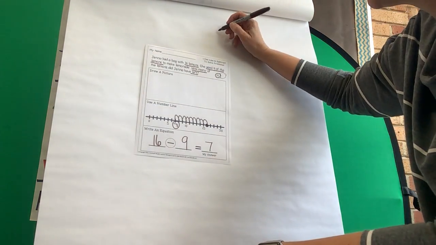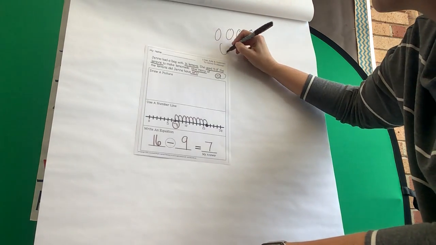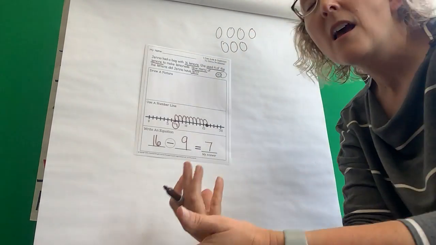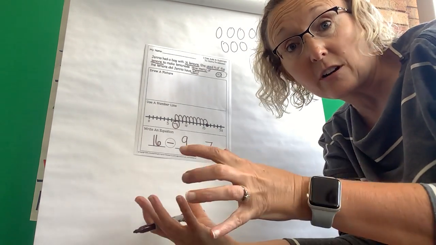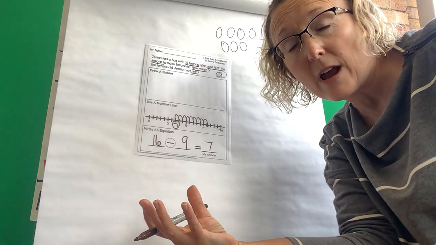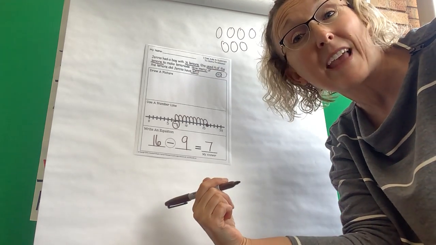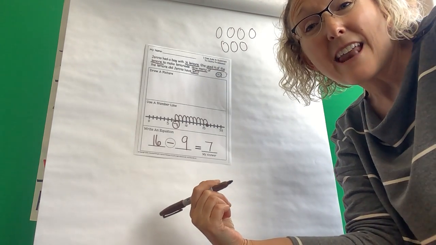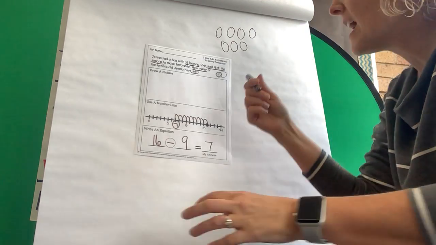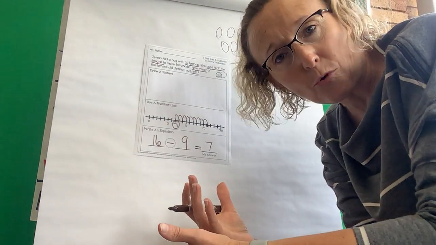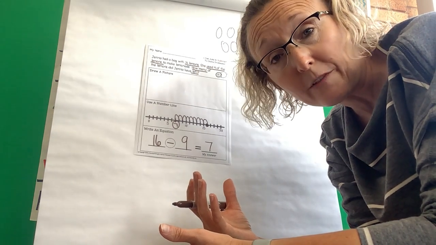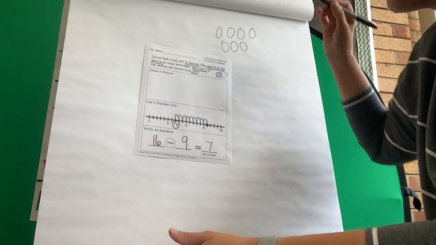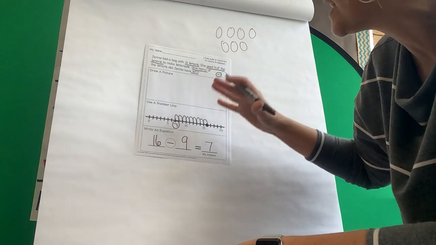If I only drew 7 lemons, I can't tell that they started with 16 and that 9 went away. I can only see what they have left, okay? If I draw 9 and 7, that kind of works, but you have to be able to cross off a whole group to show how many went away. So the best way is to start by drawing all 16 lemons.